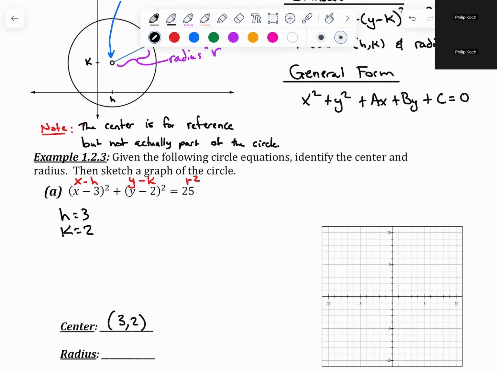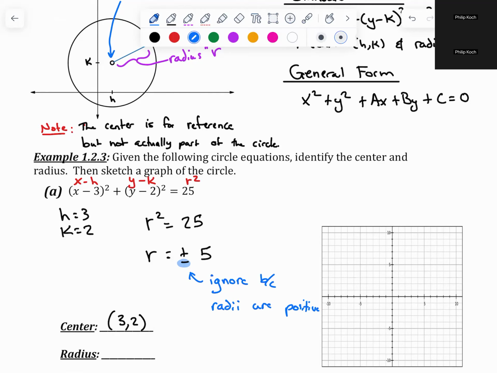And the radius, r squared is equal to 25, which means that r is equal to plus or minus 5, but we're going to ignore the negative version because radii are positive.